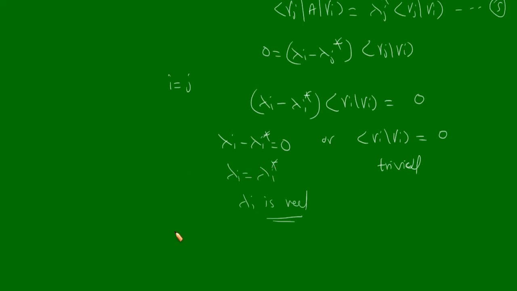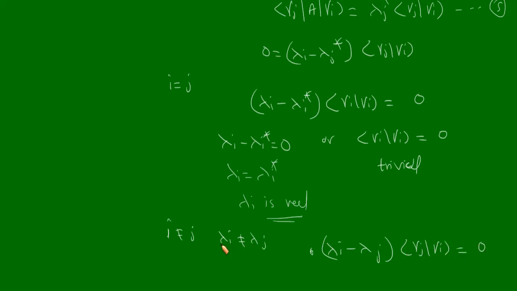Now the second condition, when i is not equal to j, and lambda i is not equal to lambda j, then the equation will be lambda i minus lambda j into Rj Ri is equal to 0.